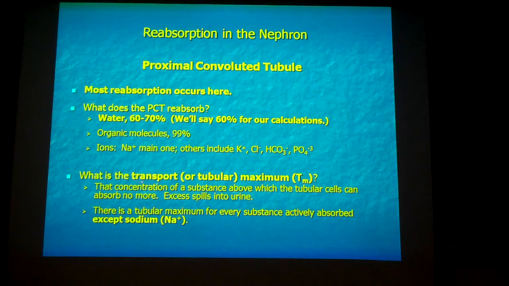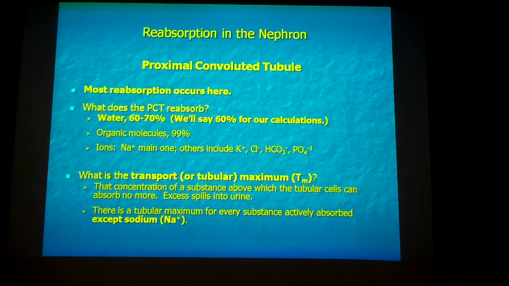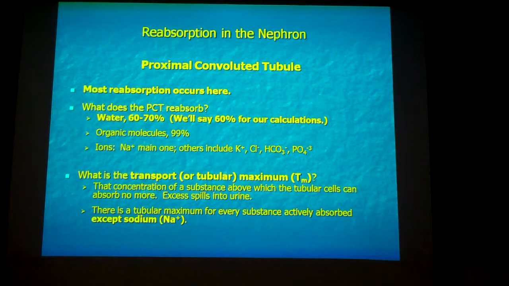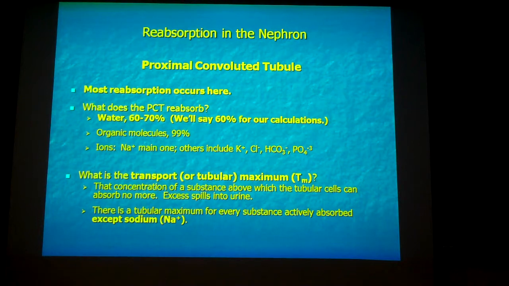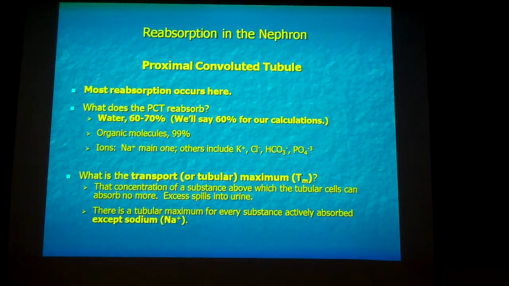All right. Now, we need to talk about this because this is an important principle here. It's called the transport maximum or tubular maximum. There is a maximum amount of any substance that the tubular system can reabsorb. In other words, for every substance in the body, there is a maximum that can be reabsorbed in the tubules, for everything except sodium. There's no maximum for sodium. So, for example, glucose. There is a tubular maximum for glucose, just to give you an example.